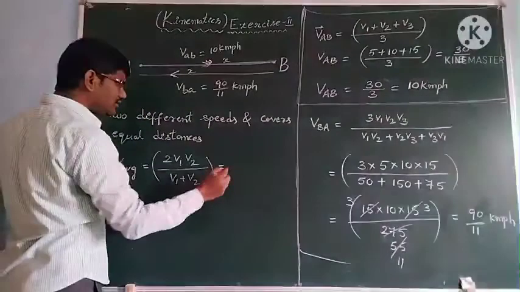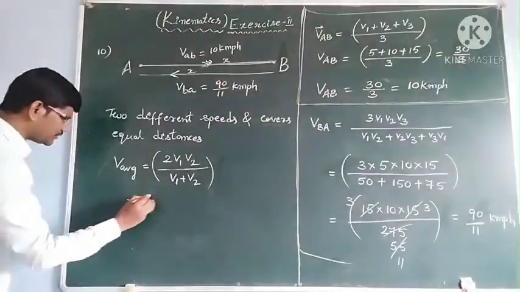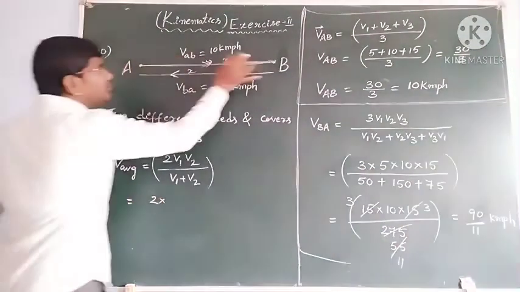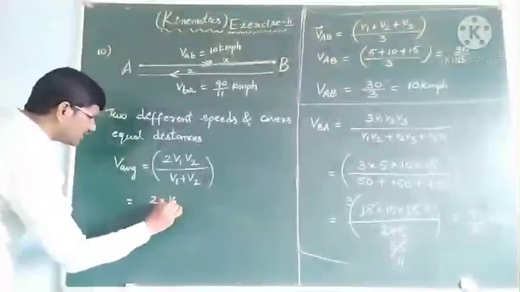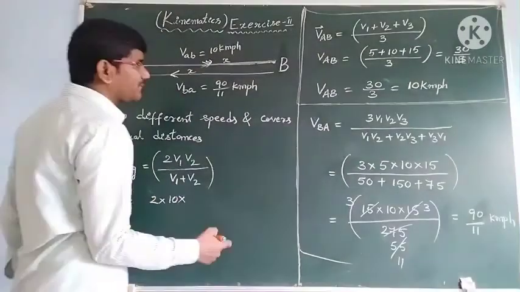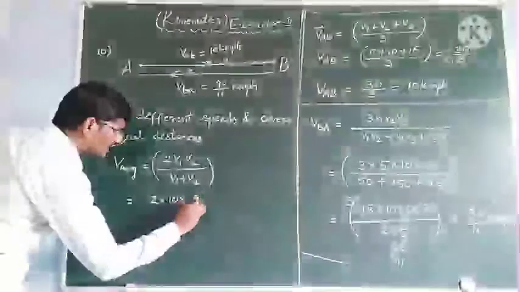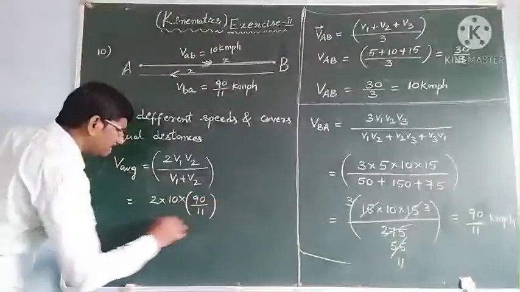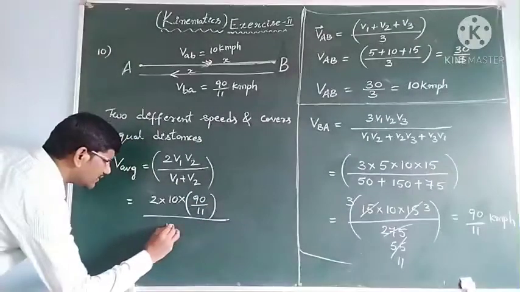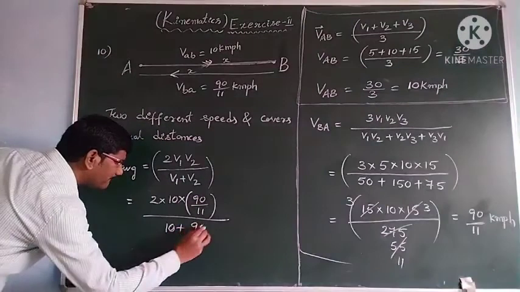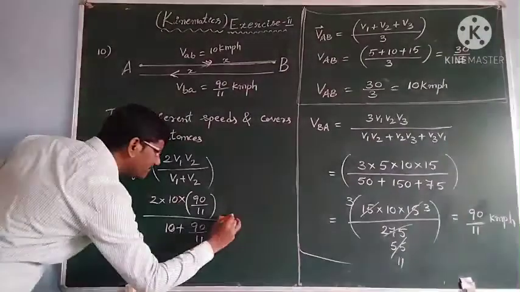Then you substitute: 2 into 10 kmph for A to B, 2 into 10 into V2, and V2 is 90 by 11. The denominator is V1 plus V2, 10 plus 90 by 11.